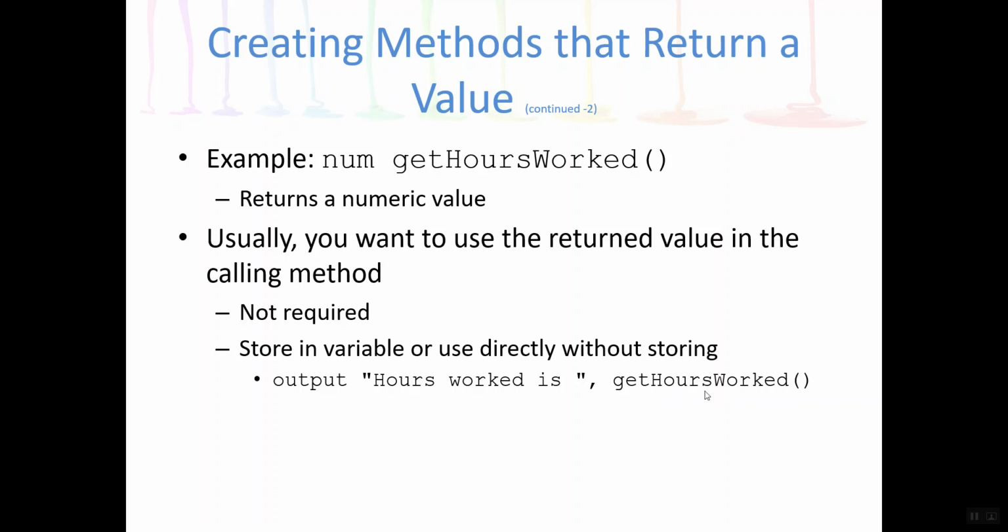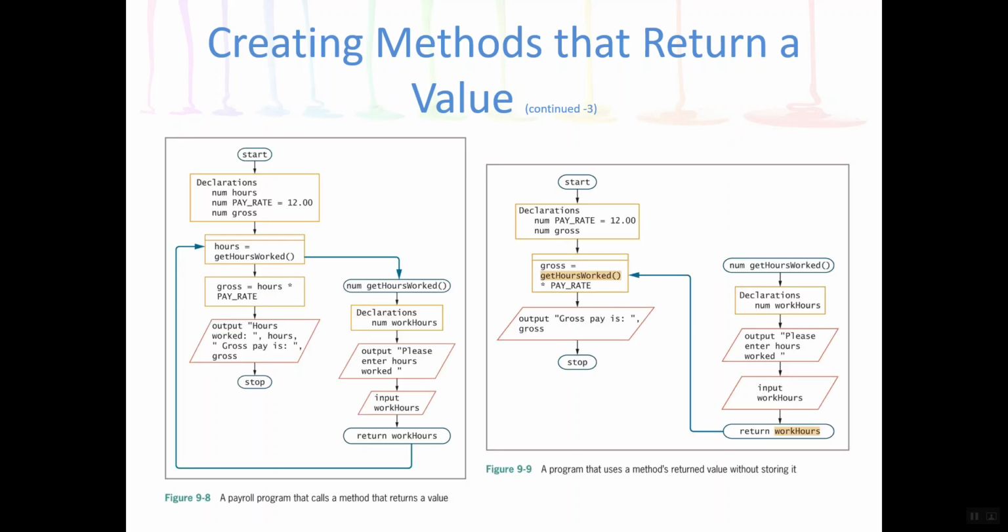So in place of a number such as 40 that would be hard-coded, we could call get hours worked. This will go out to get hours worked, execute all the lines of that method, return back a value which is then output from main. So returned values are then used in a calling method.